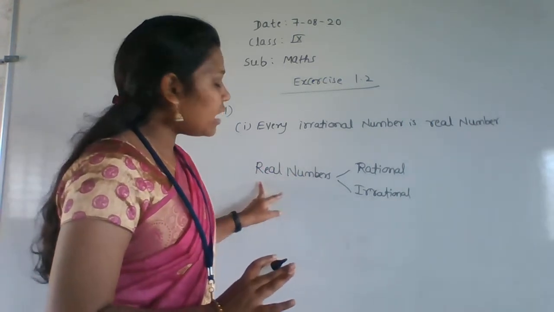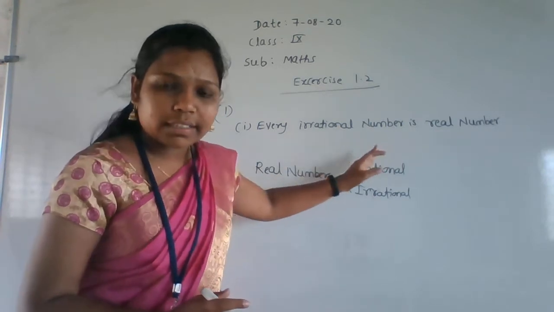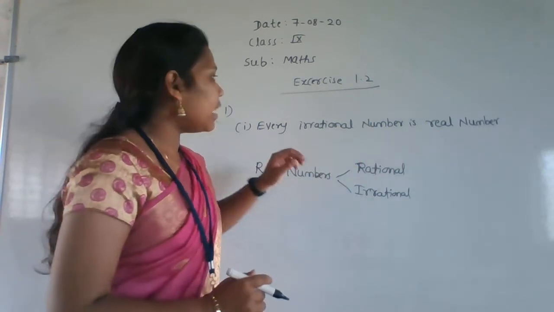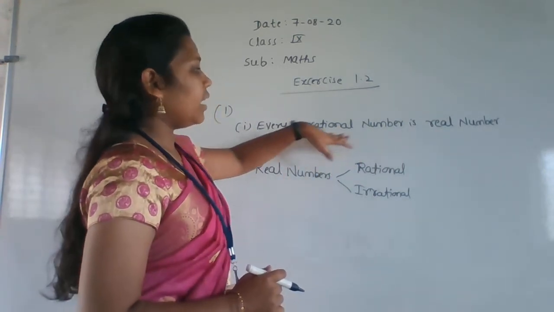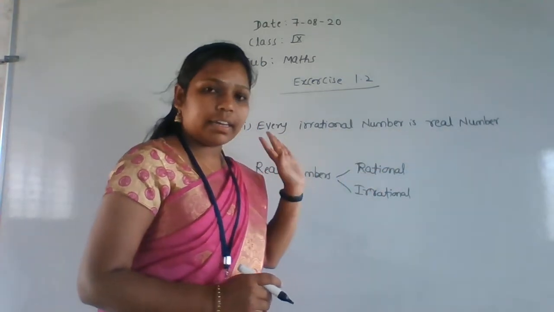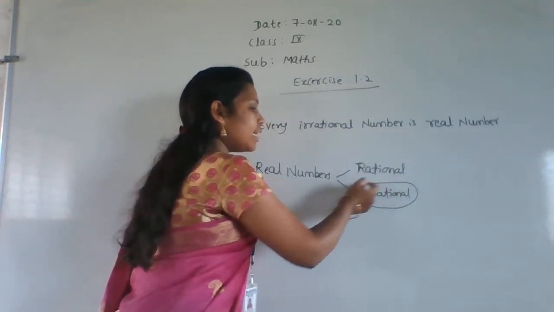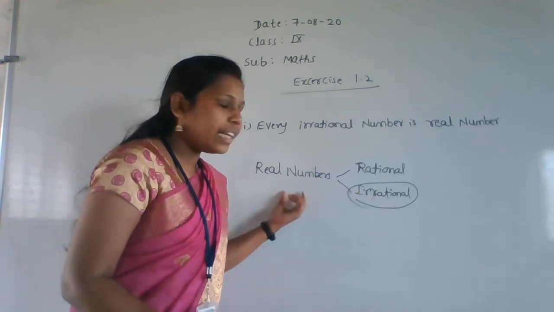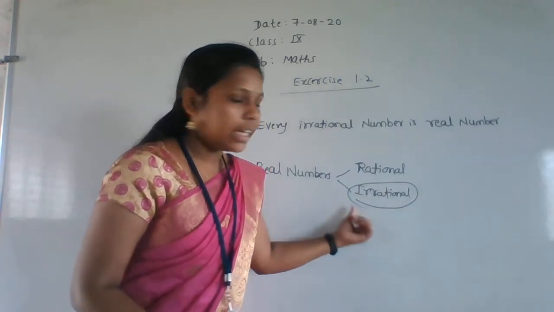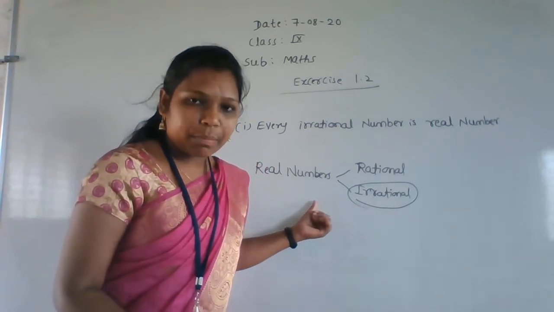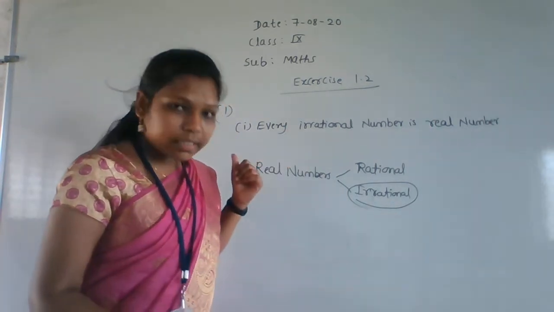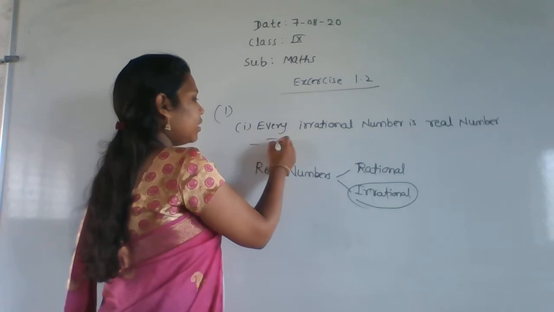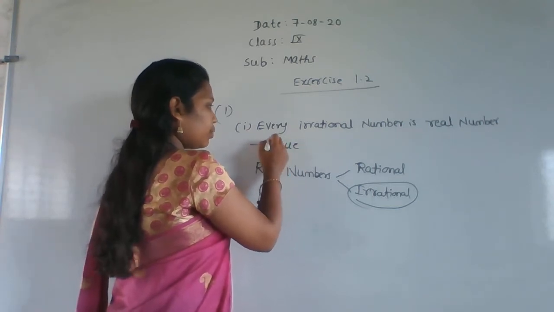Because every real number includes both rational as well as irrational. Of course, irrational numbers are a part of the real numbers, so all the irrational numbers are real numbers only. So the first statement is true. Right, here it is true.